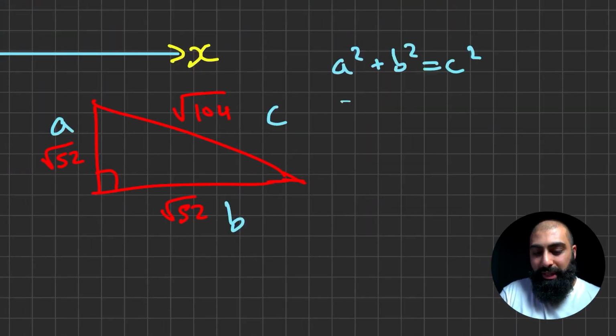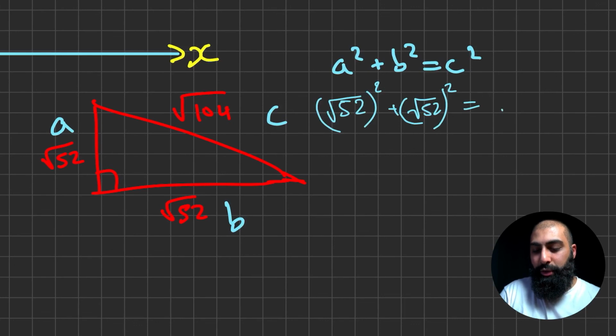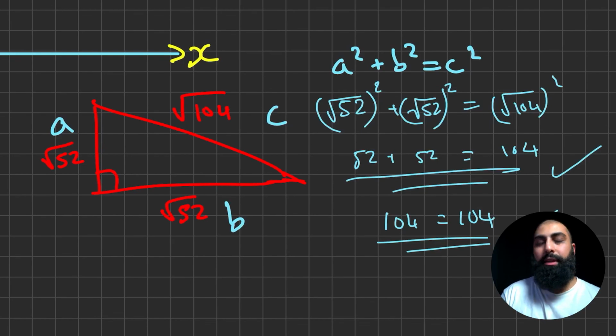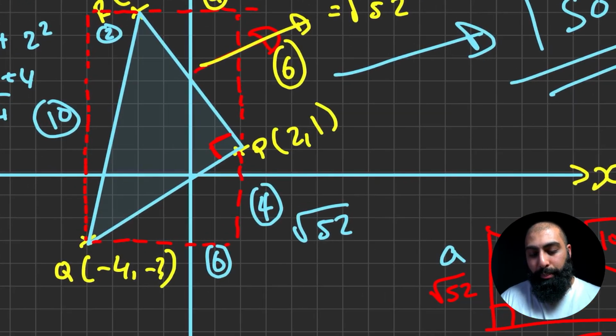So let's just quickly check this out then. We should have the square root of 52 squared plus the square root of 52 squared is equal to the square root of 104 all squared. 52 plus 52 equals 104. So yes, that is correct. We do end up having a right angle triangle. The right angle is at point P.